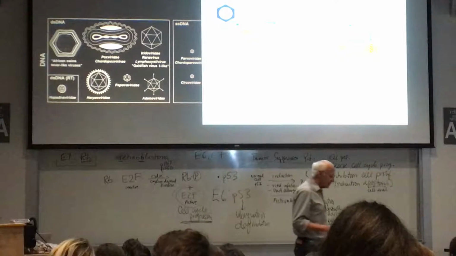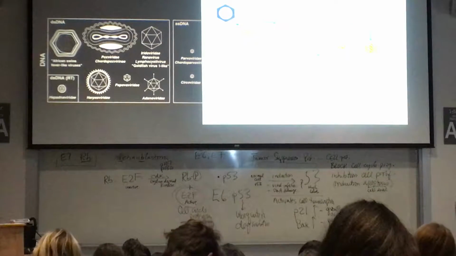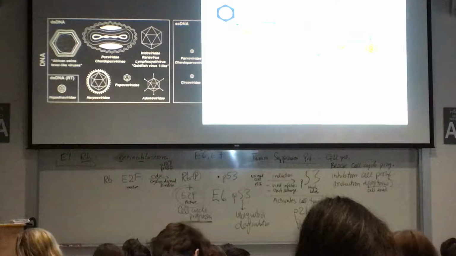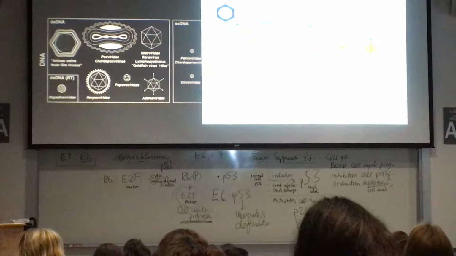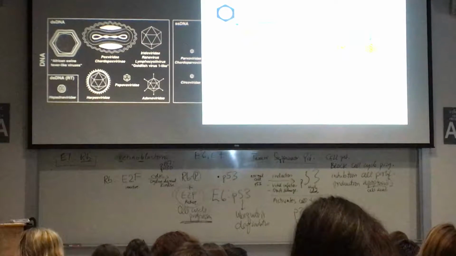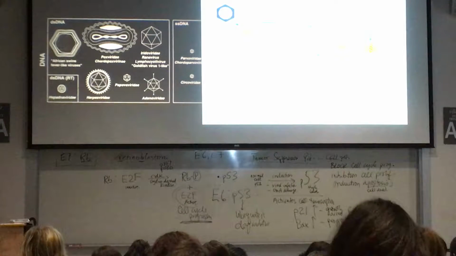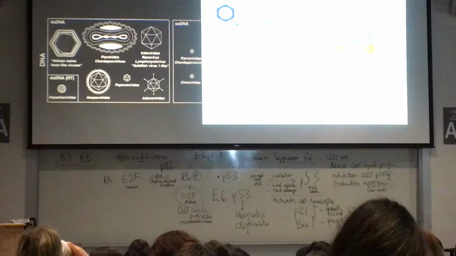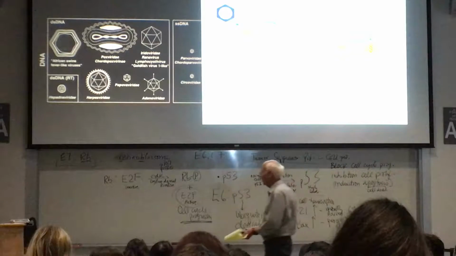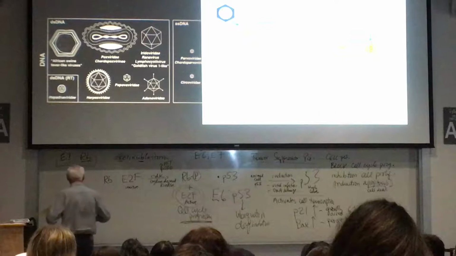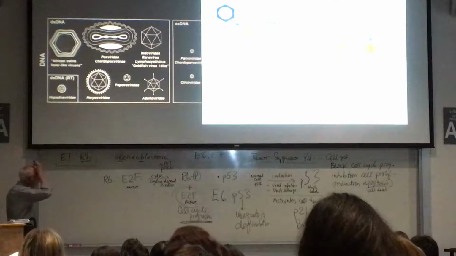So this concept of a virus making an oncoprotein, an oncogene product that's causing transformation, for HPV and also for SV40, where much of this with P53 was first discovered.